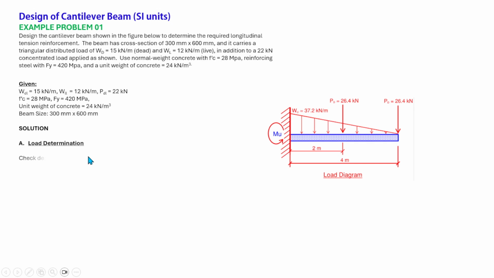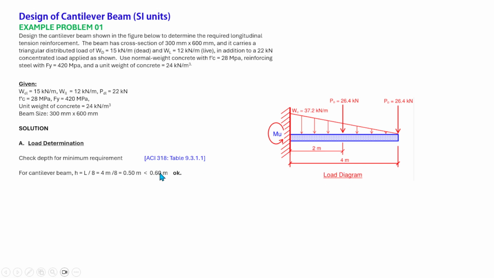So first of all, we need to check the required depth of the beam based on ACI 318, Table 9.3.1.1. For a cantilever beam, the required depth is equal to L over 8, and that is 4 meters over 8.